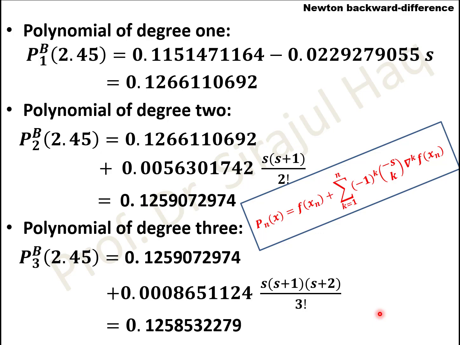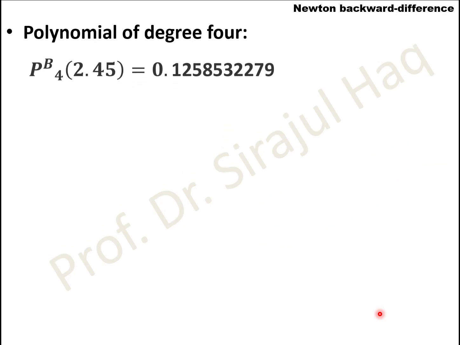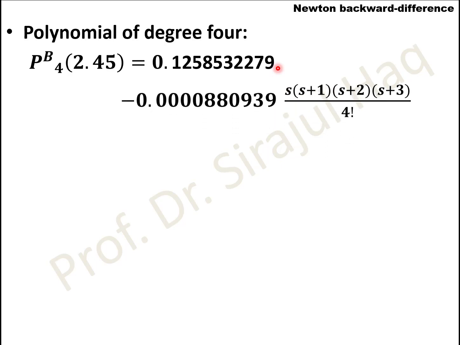Go to the polynomial of degree 4. This value is coming from the polynomial of degree 3 plus another term, when the value of n starts from 1 and reaches up to 4. So there are 4 terms, and we have taken a minus sign common from all the 4 terms.